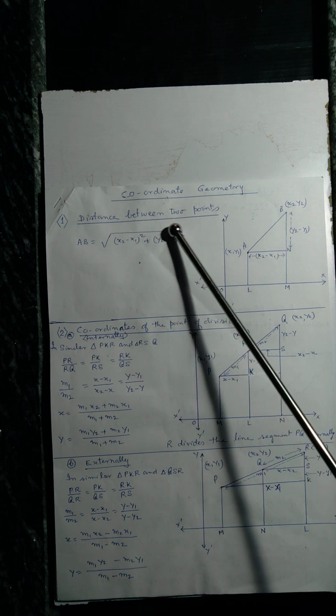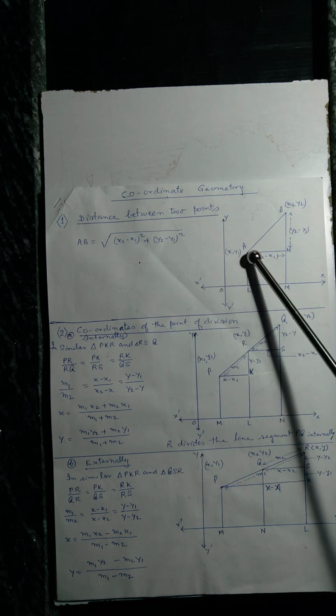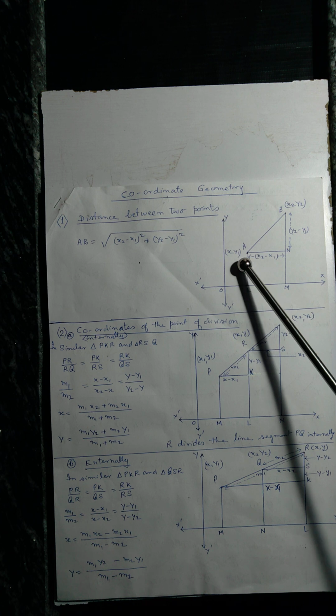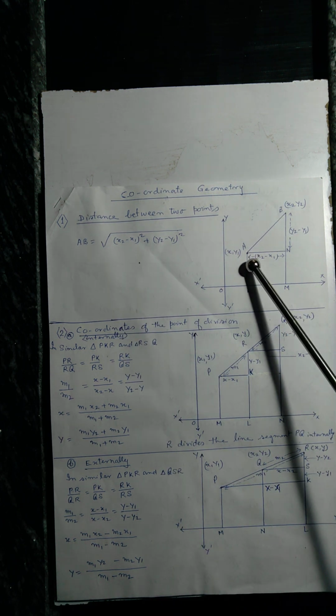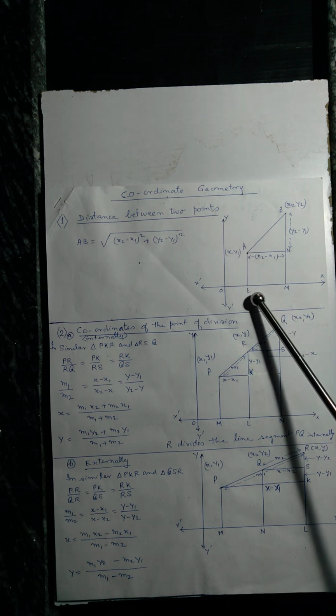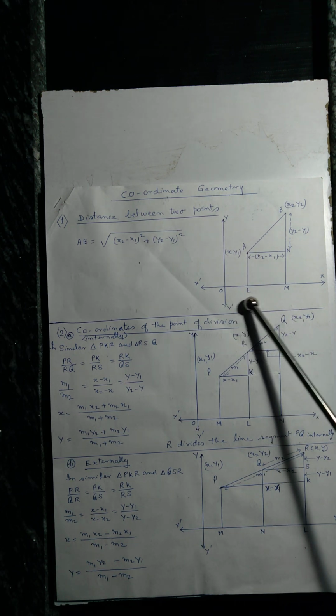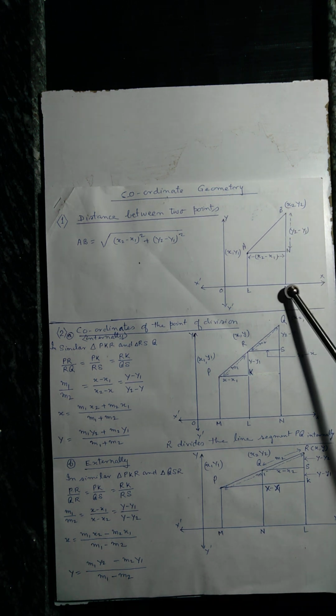The distance between 2 points. Let A and B be the 2 points, with coordinates (x1, y1) and (x2, y2). The distance between A and B will be worked out as follows. From A, drop a perpendicular AL on the x-axis, and from B, drop a perpendicular BM.